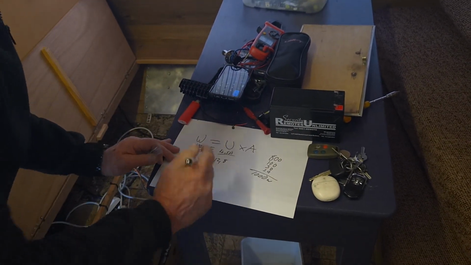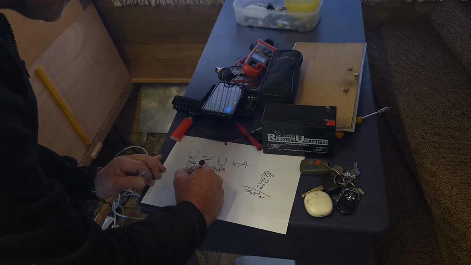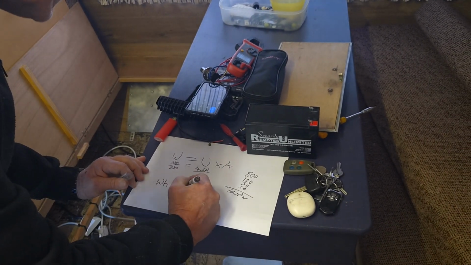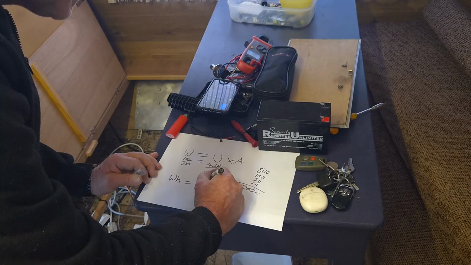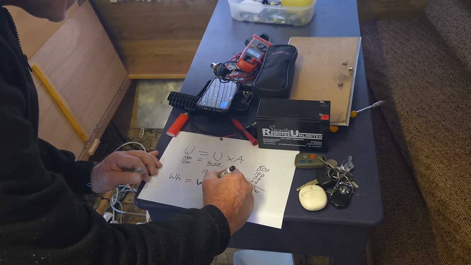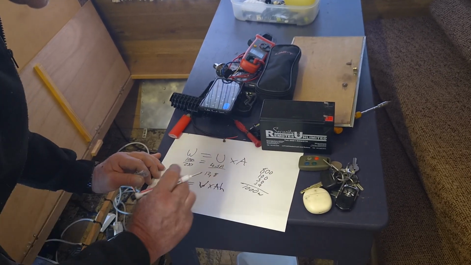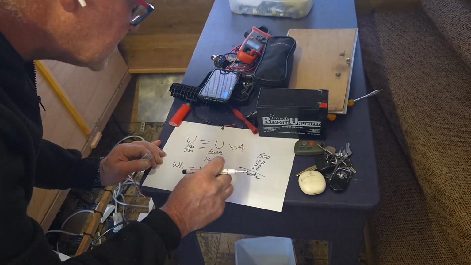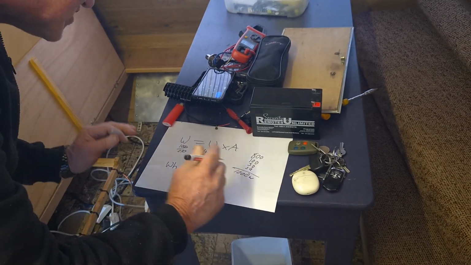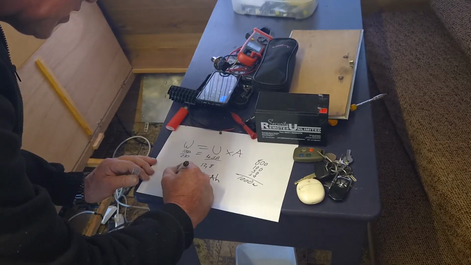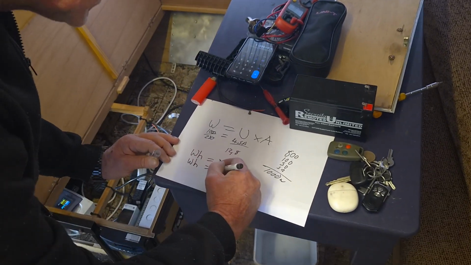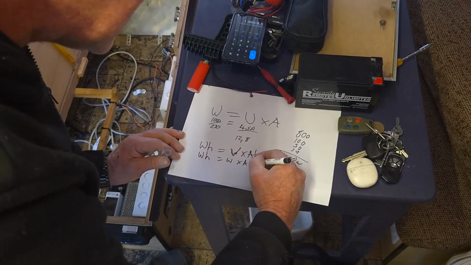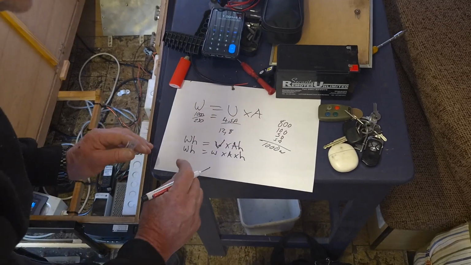So you get what's called a watt hour. And a watt hour is volts times amps, amp hour. There you see 7 amp hour. So this is a very familiar term. But what this actually means is watt hour equals volts times amps over time.